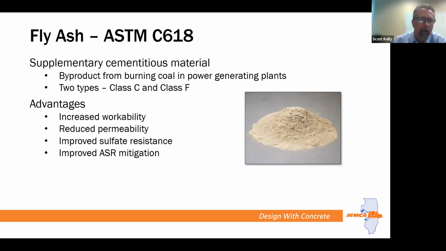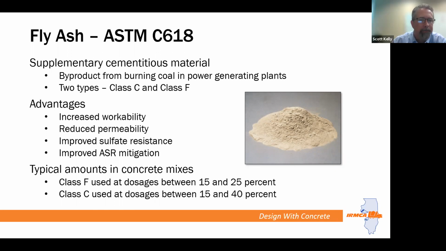An easy way to do that is to allow fly ash in your specification. Typical amounts in concrete mixes for Class F fly ash are between 15 and 25%, and Class C is often used at dosages between 15 and 40%. And this is really for normal concrete. For mass concrete structures, we can see dosages even higher than those replacements.